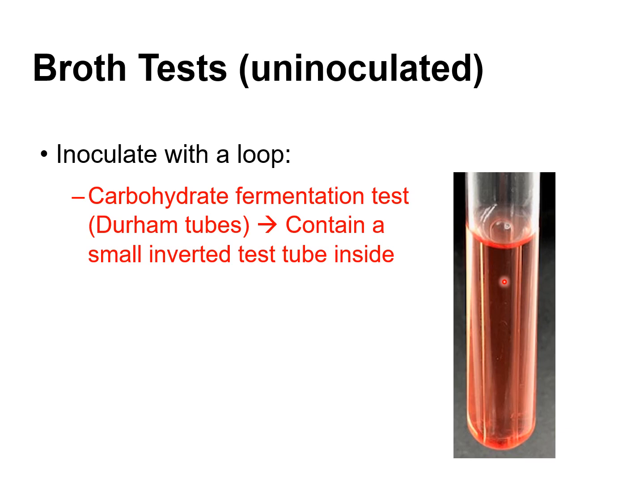Now, how should I inoculate this carbohydrate fermentation tube that I have right here? Well, since it's a broth, we're going to go ahead and use a loop. Okay, so you're going to use a loop, and of course you have to follow all the aseptic steps that we've talked about earlier. So you would have to sterilize your loop until it turns red, wait a second, and then go ahead and pick up some bacteria on your loop.